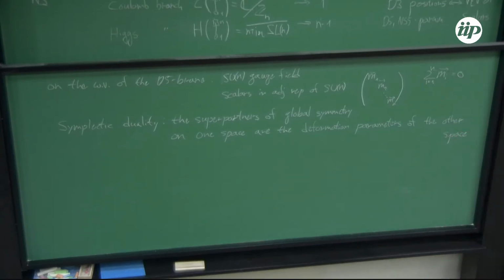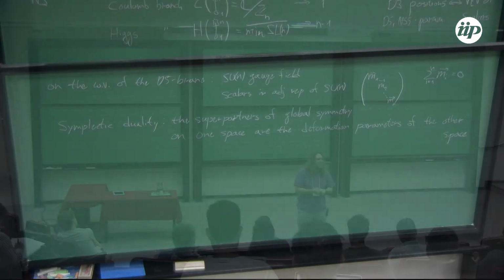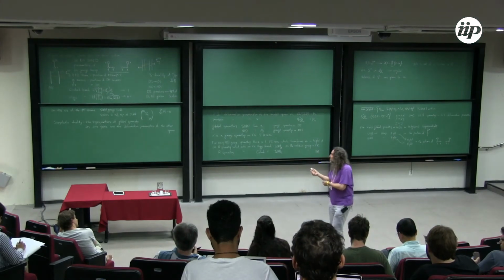Right? I have two moduli spaces. If I fix a quiver, I'll have a Coulomb branch and a Higgs branch. So the Coulomb branch has a global symmetry on it. Because it has a global symmetry, I should find scalar fields. Those scalar fields will be the deformation parameters on the Higgs branch. Right? So I fix a quiver, and I make this statement. I can do it in both ways.